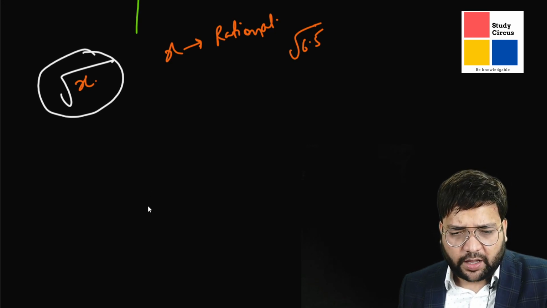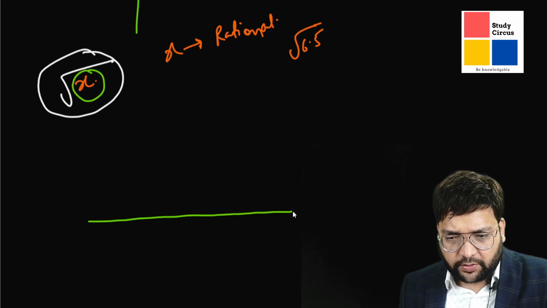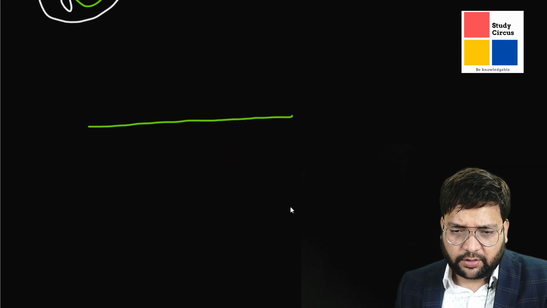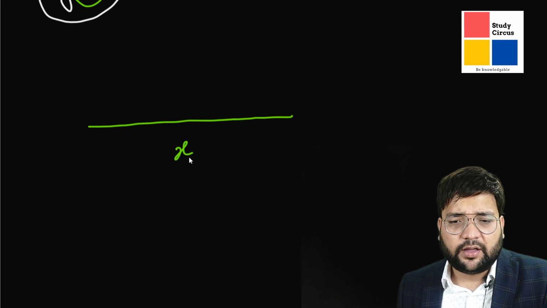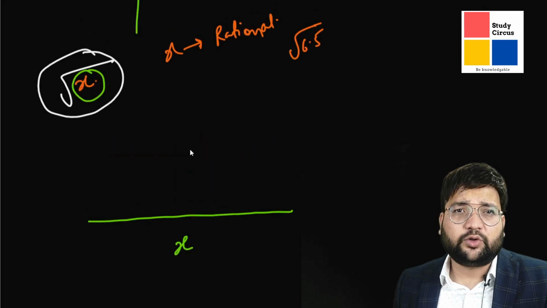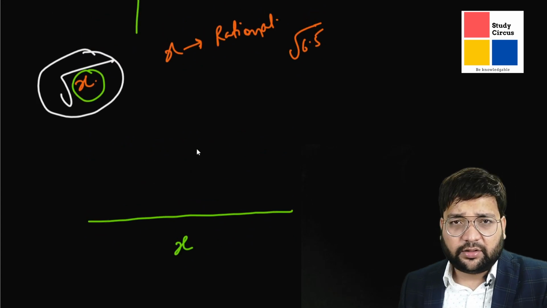What we do is take a line segment equal to length x. I wish to find out square root x, so I have taken a line segment of length x.